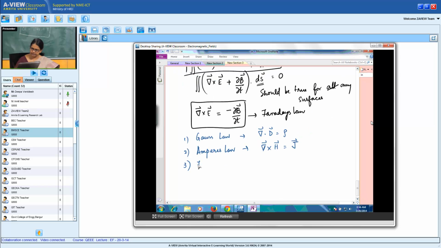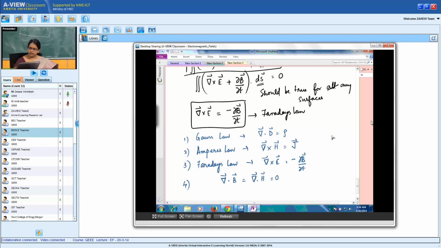The third one we are writing down is Faraday's law, which says curl of E is minus del B by del t. There is a fourth one which does not have a name, which simply says divergence of magnetic field, or divergence of H, is 0.